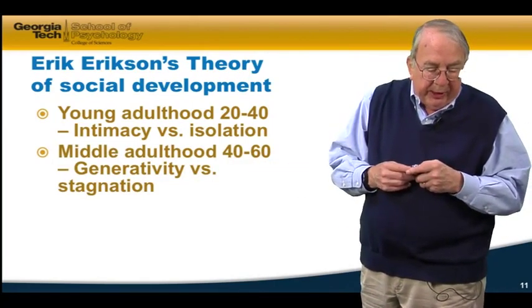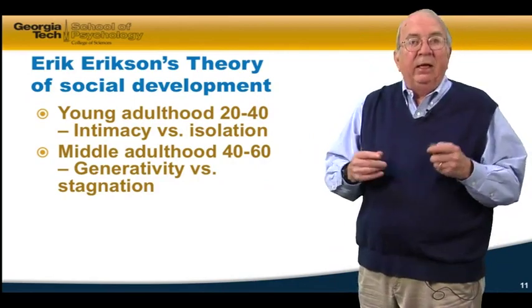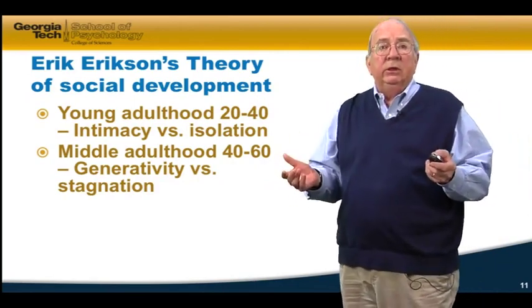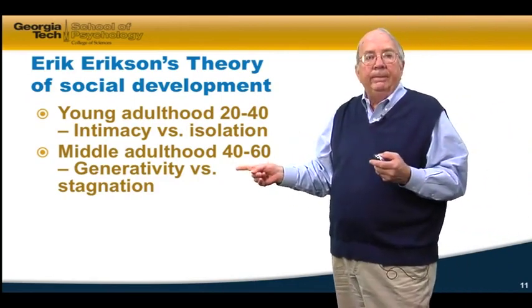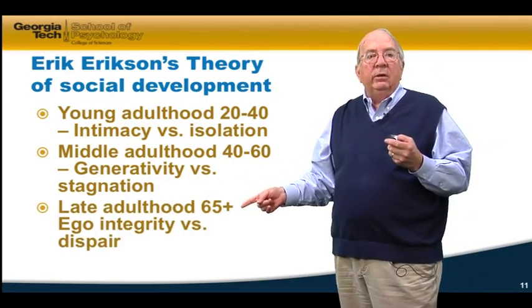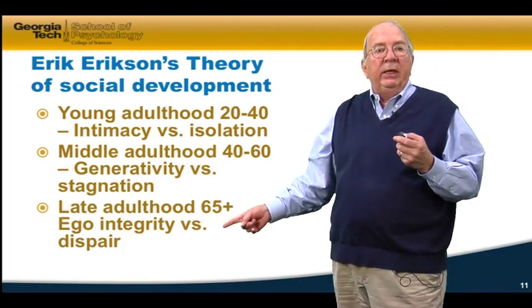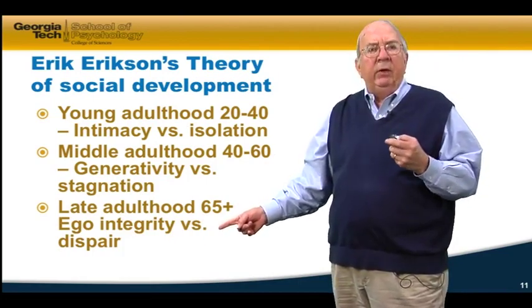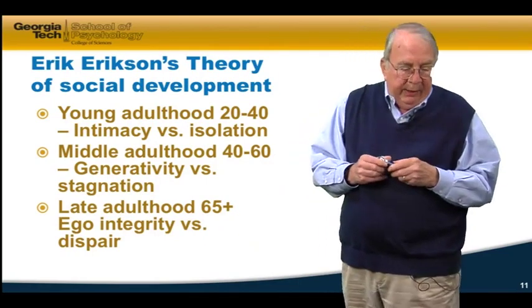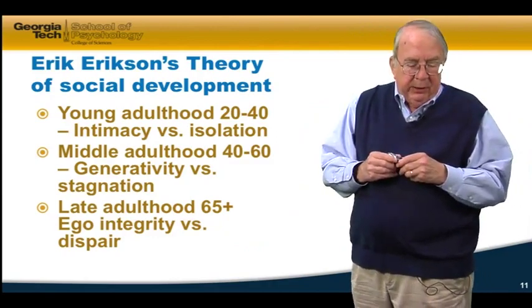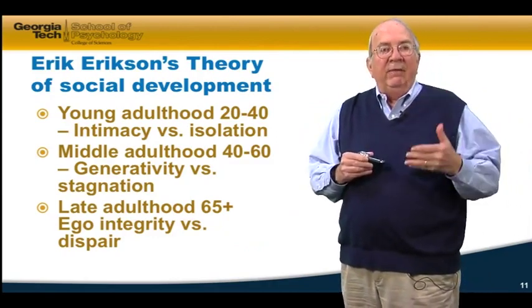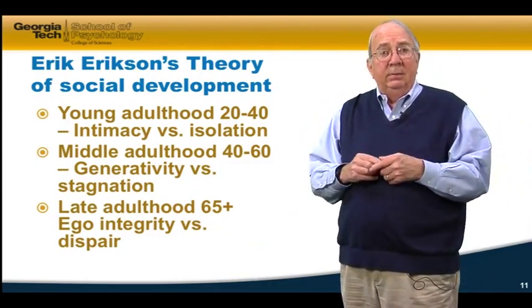And the positive solution to that is a person develops an interest in guiding the development of further generations, typically by becoming a parent. And then we have late adulthood, 65 and above, and the challenge is ego integrity versus despair. And here, the person sort of accepts their life as it was or not.